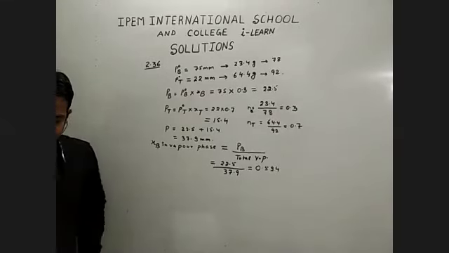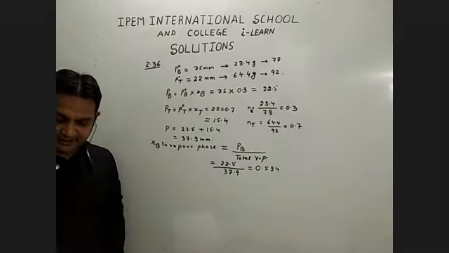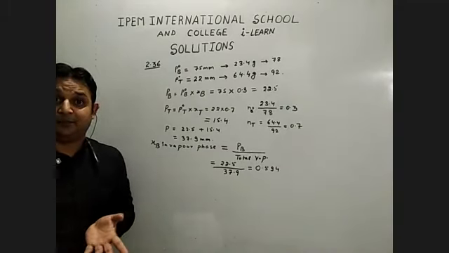Yes, sir. So what does it mean when vapors are in equilibrium with the liquid phase? It's given in the previous question, in the last. Mole fraction of benzene in the vapor phase, when the vapor phase is in equilibrium with the liquid phase.